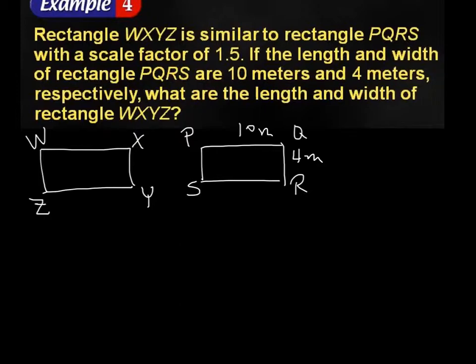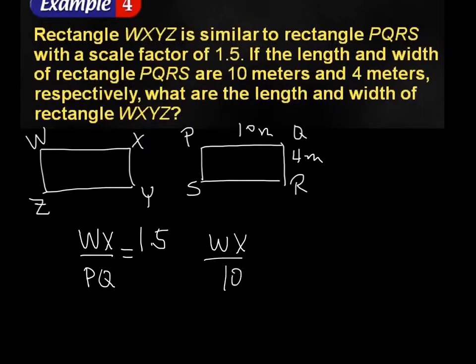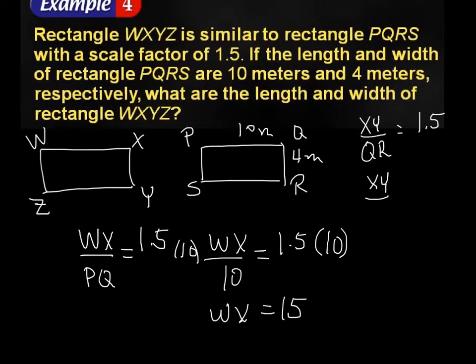They gave us that the sides are proportional because they're similar, so WX is to PQ, and they told us the scale factor is 1.5, and PQ was 10, so WX is to 10. To solve, we multiply both sides by 10, and I get WX is 15, and then the same thing for QR.